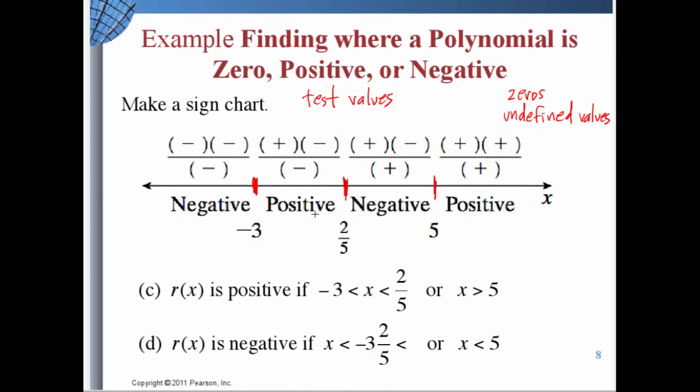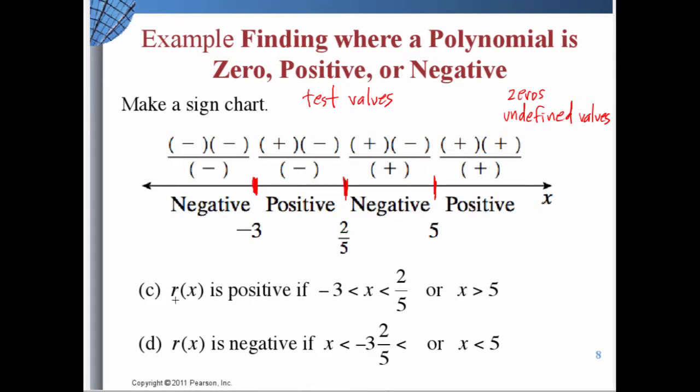Overall, that's going to be a positive value. In our interval 2/5 to 5, any number in there is going to give us a positive times a negative divided by a positive. So overall, that's going to be a negative function value. And on our interval 5 to infinity, any value that we test, we get a positive times a positive divided by a positive. So we have an overall function value that is positive.